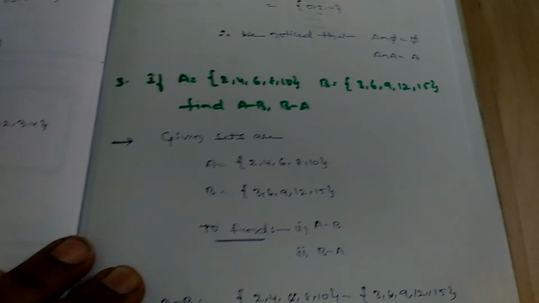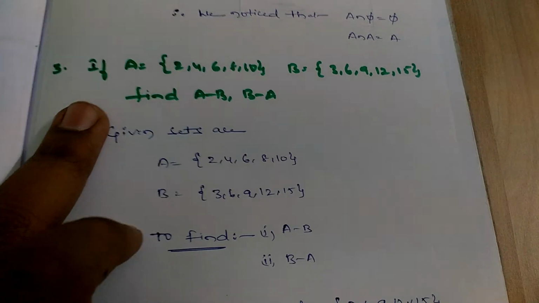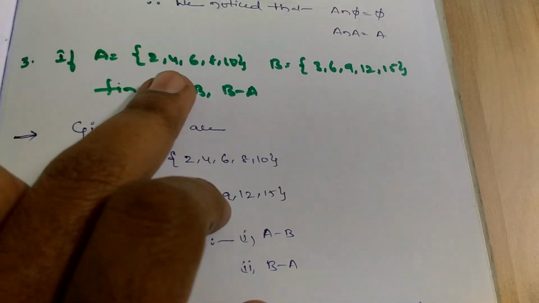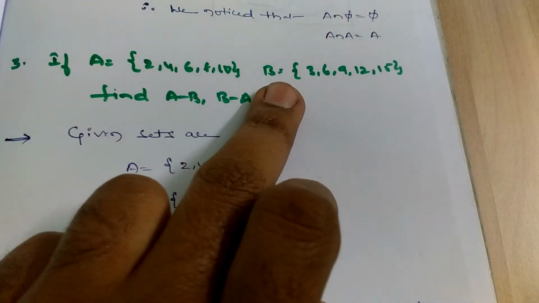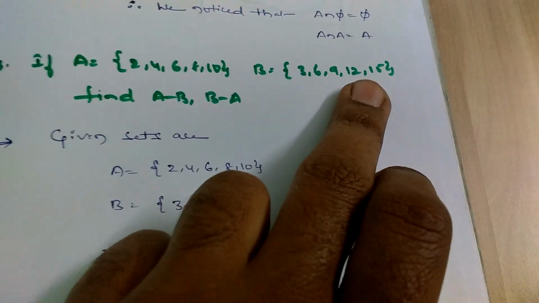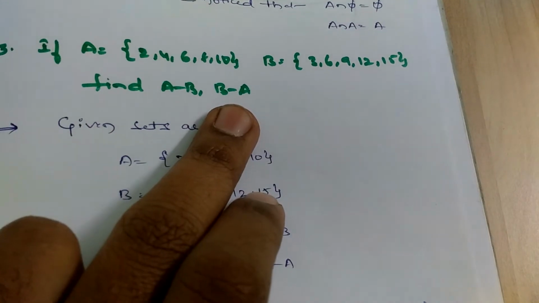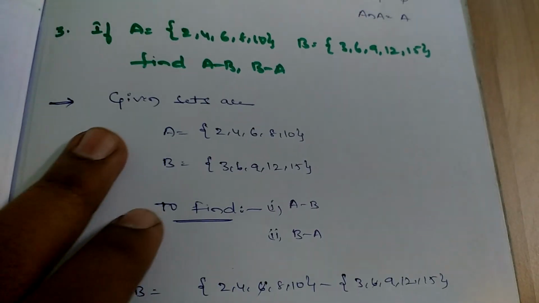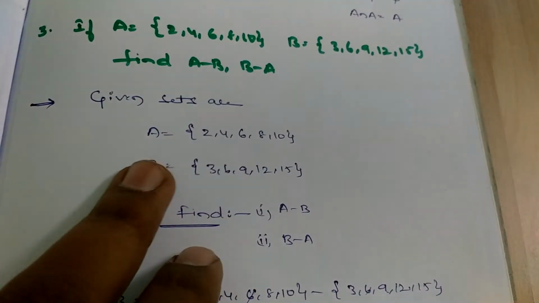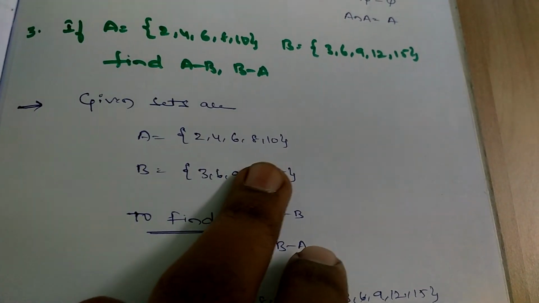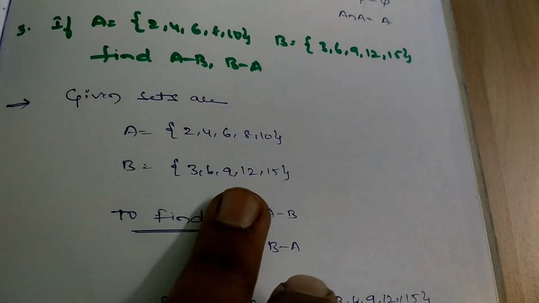Okay, now coming to third sum, guys. What is given here? If set A equal to 2 4 6 8 10 and set B equal to 3 6 9 12 15, then find A minus B and B minus A. Take down the given sets, A equal to 2 4 6 8 10 and B equal to 3 6 9 12 15.